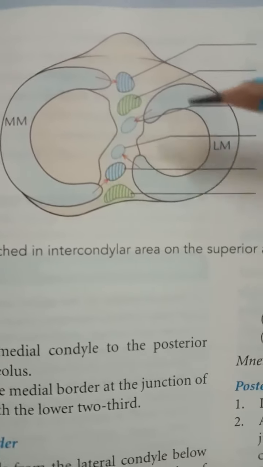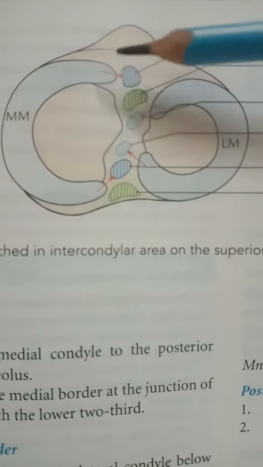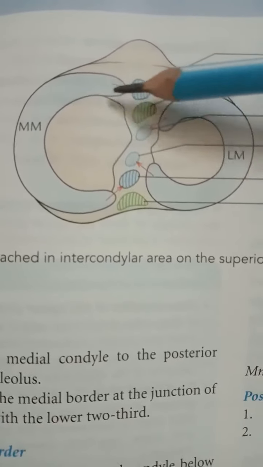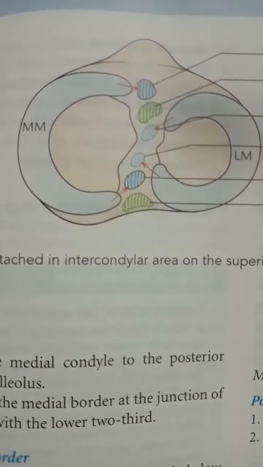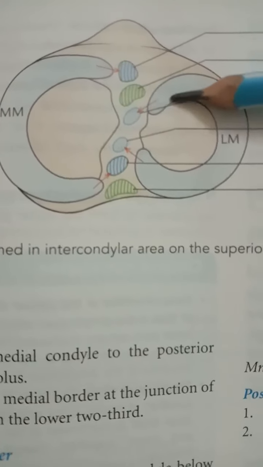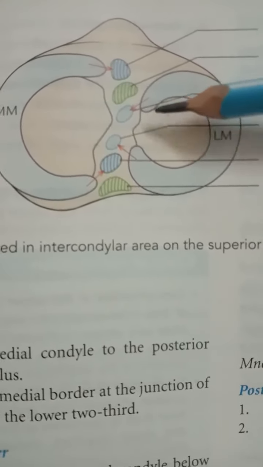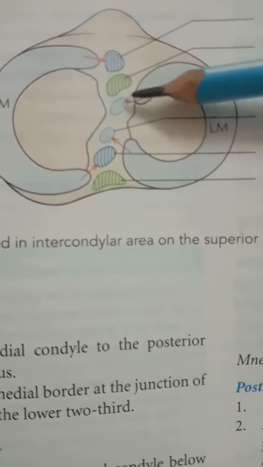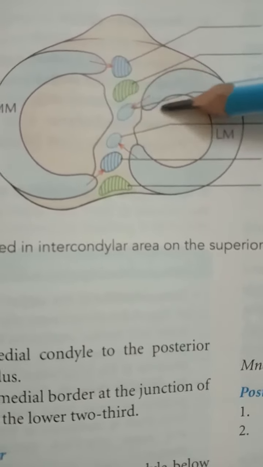Then the anterior cruciate ligament, so this one, is present just posterior to the anterior horn of the medial meniscus. Then the anterior horn of the lateral meniscus is present in front of the intercondylar eminence and lateral to the anterior cruciate ligament.